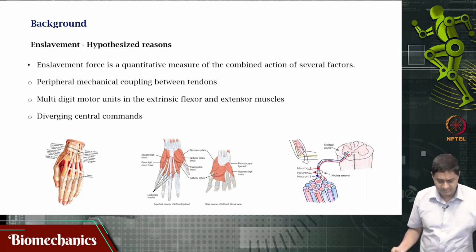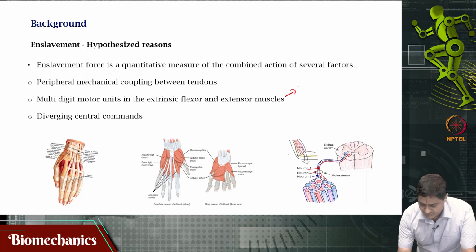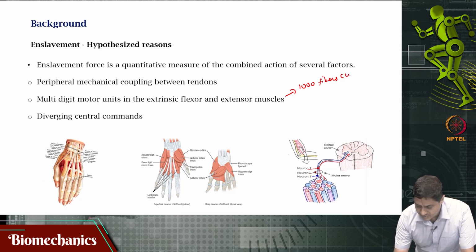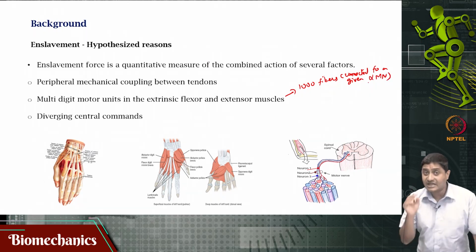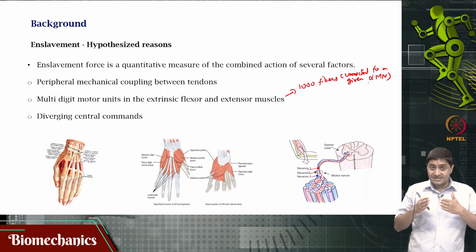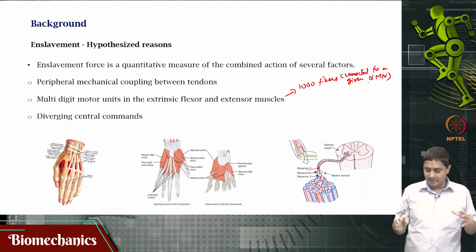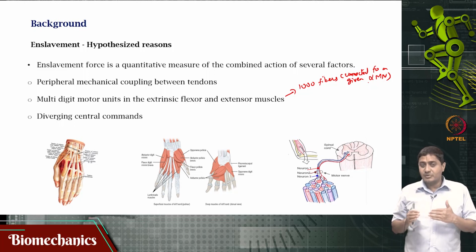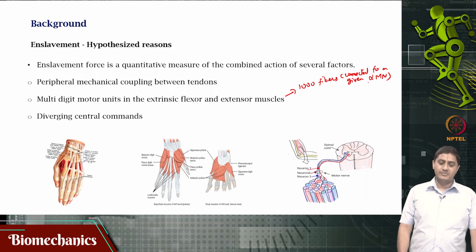Say, for example, 1000 fibers connected to a given alpha motor neuron. A given alpha, this is the key. One alpha motor neuron connects to this 1000, an example number.